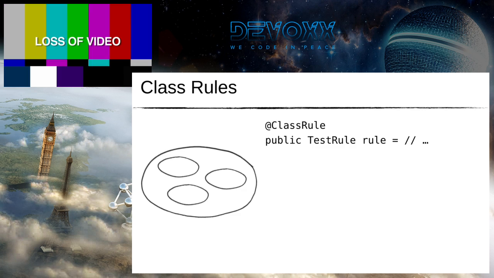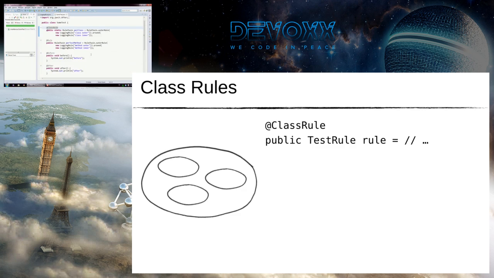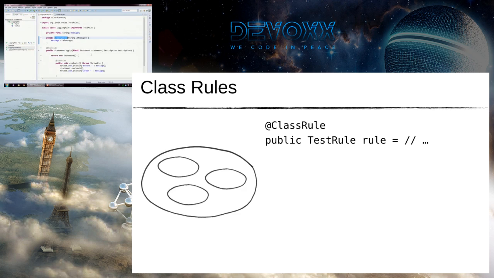One rule chain, the same again as a class rule, and each contains two logging rules. The logging rule is, as you might imagine, extremely simple. It just stores a message, and when it evaluates a statement, it just prints the message with a before prefixed, executes the statement, and then prints an after message.